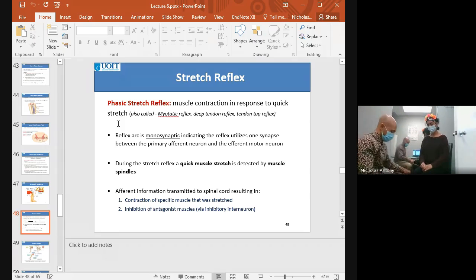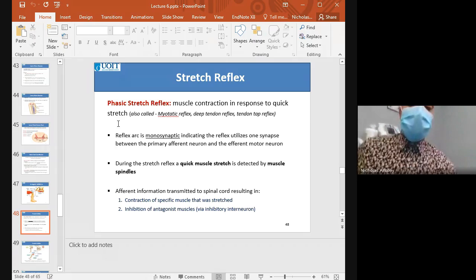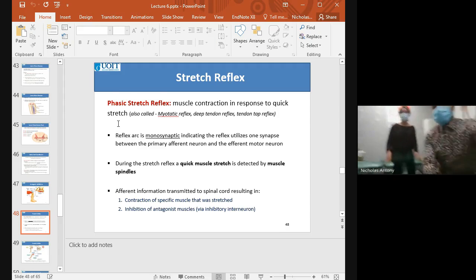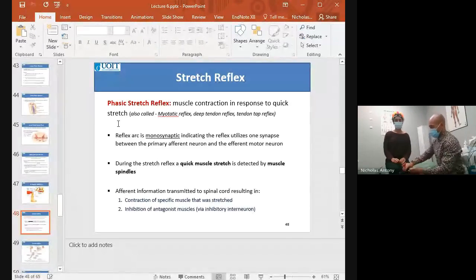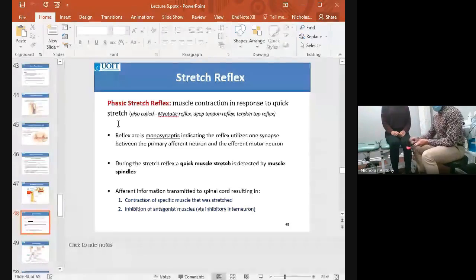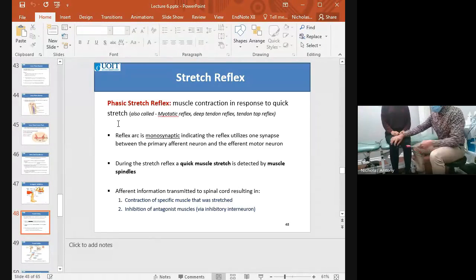Okay, so it's there. So with a reflex, what you're doing is tapping on someone's tendon, and you're eliciting whether or not the tendon tap or the phasic stretch reflex is working.